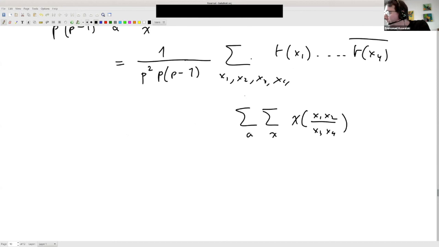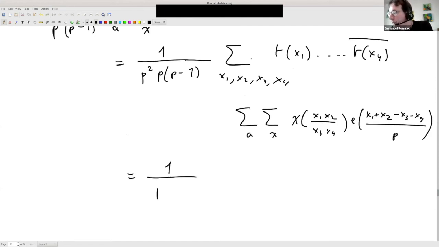And then the additive character of x1 plus x2 minus x3 minus x4 over p. Okay. And you get, therefore, by orthogonality, 1 over p squared, the sum over the solutions of, so you get the sum over precisely the Sidon set, which is the diagonal in F_p star cross F_p.